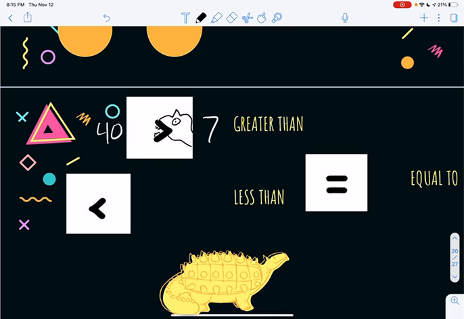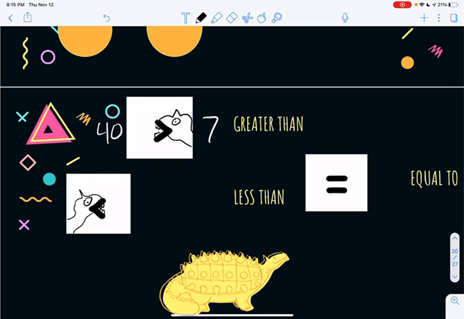So 40 is greater than 7. Let's look at the next one. So this one, the alligator's pointing the other way. You know, I don't even think this is an alligator, but that's okay. It looks like some Mario character or something.